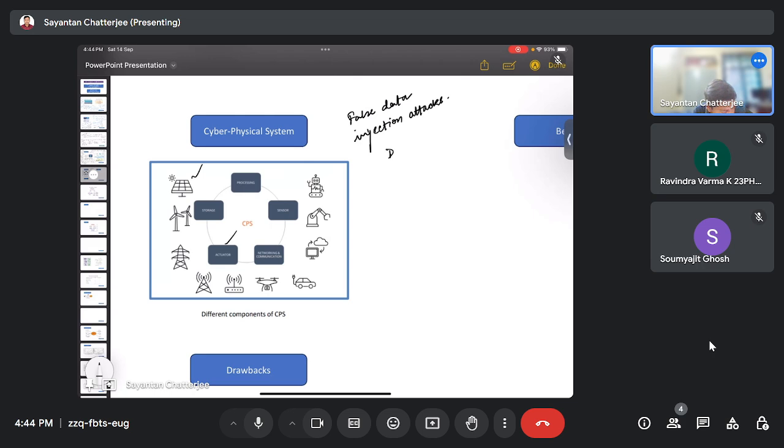There is also denial of service attack. We can say DOS attack or FDIA. So here data gets manipulated, and here the access gets manipulated.